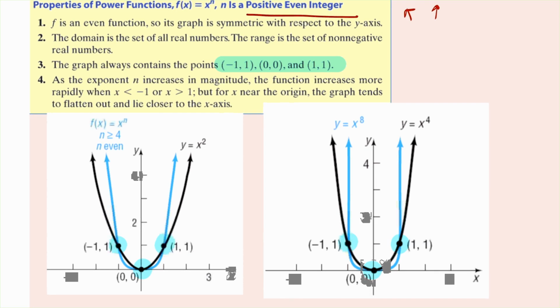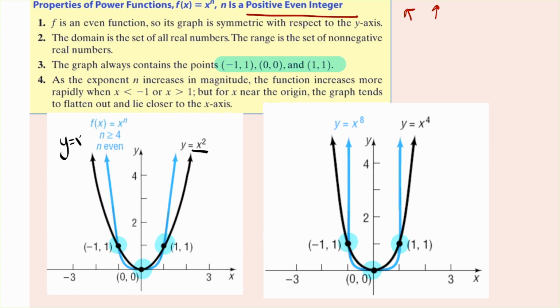Next, I want you to note the shape of the function. The higher the power goes, the following happens. Number 1, the bottom of the function gets flatter. It looks almost like a beaker or a test tube down there. So that's x squared in black.